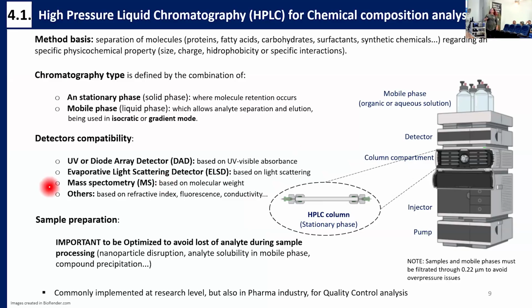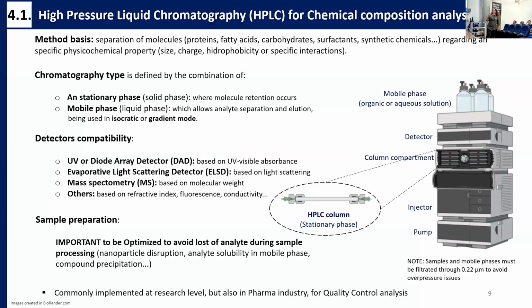The most used is the UV or the diode array detector, which is based on UV-visible absorbance, and this is the most commonly used in pharma quality control. However, there are some specific chemical compounds that cannot be observed by absorbance. They don't absorb in this wavelength range, and then there are alternatives like the evaporative light scattering detector, which is based on light scattering.